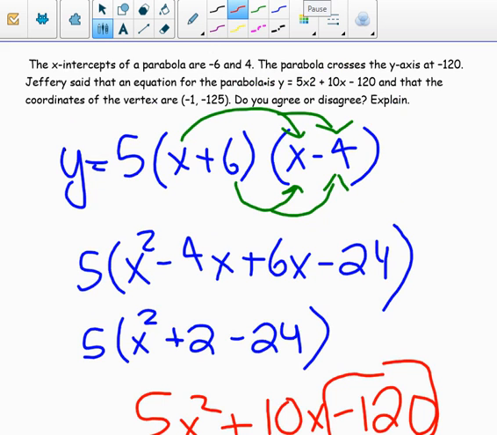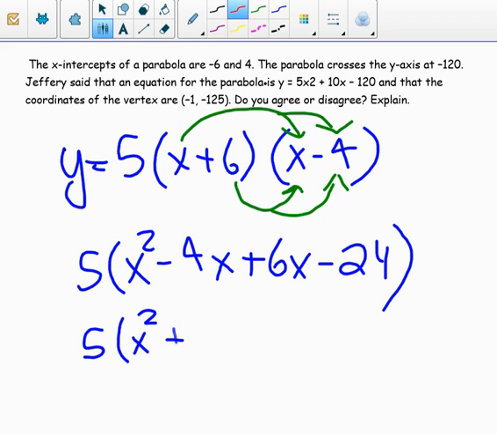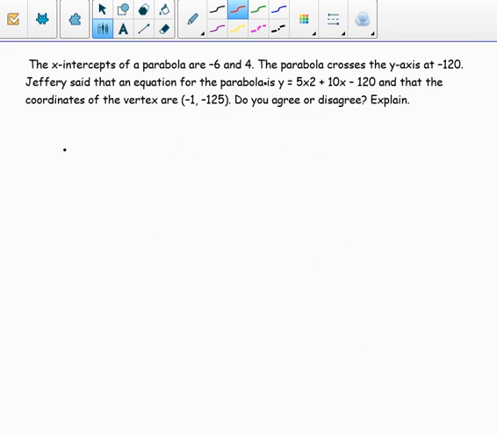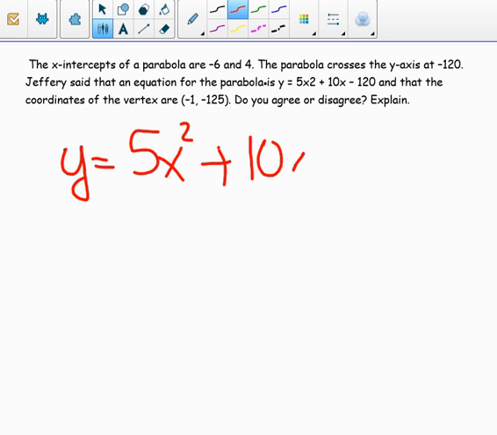Now let's pay more attention to the vertex. So let's use the equation y equals 5x squared plus 10x minus 120.